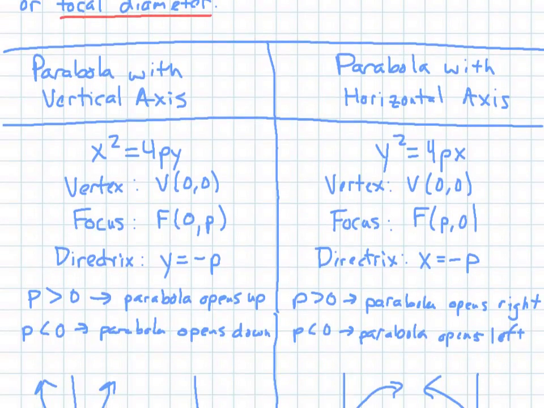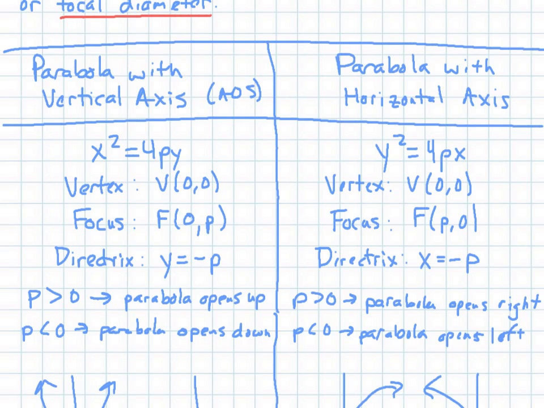A parabola is usually aligned with the vertical axis or the horizontal axis, which is talking about your axis of symmetry. When it's vertically aligned, your axis of symmetry is x equals 0 in this case. Usually, if we had it moved, it would be h, but right now it will be 0.